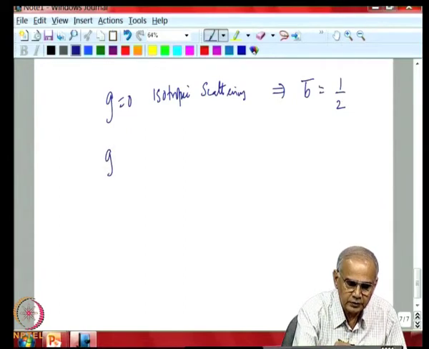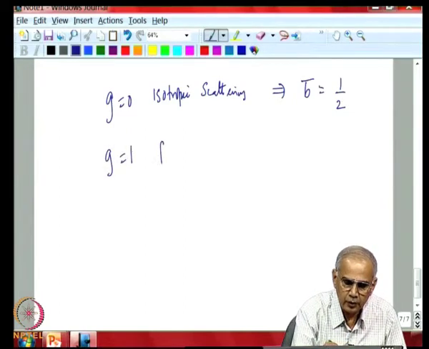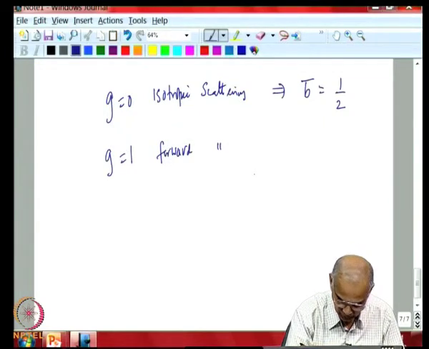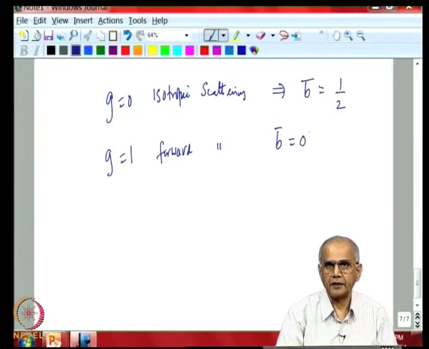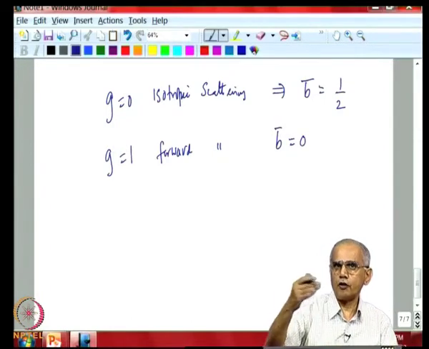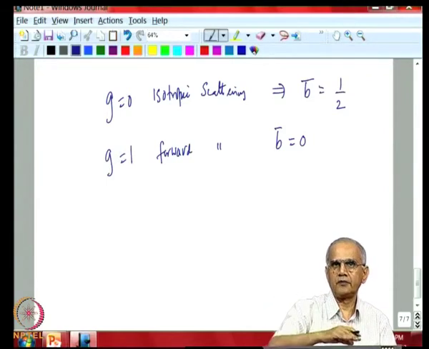On the other hand, when G equals 1, you have only forward scattering, then B delta has to be 0, because there is a backscatter fraction. If everything is scattered forward, the backscatter fraction is 0.